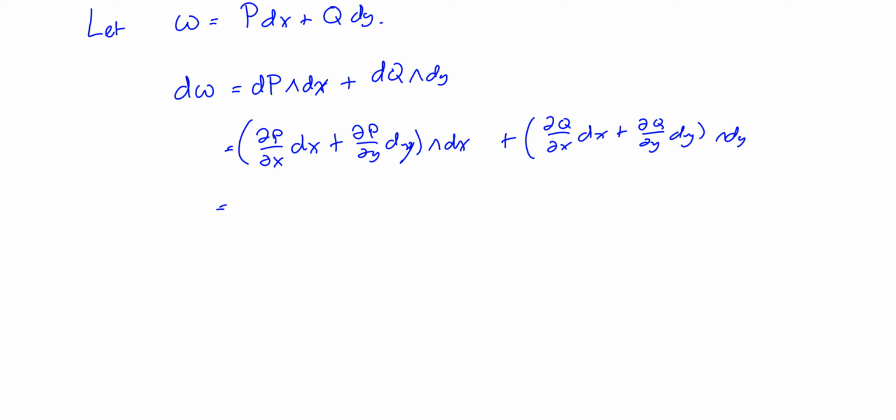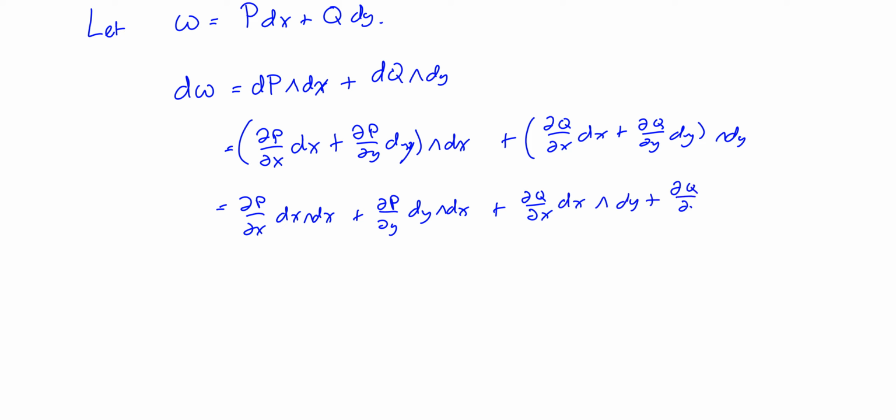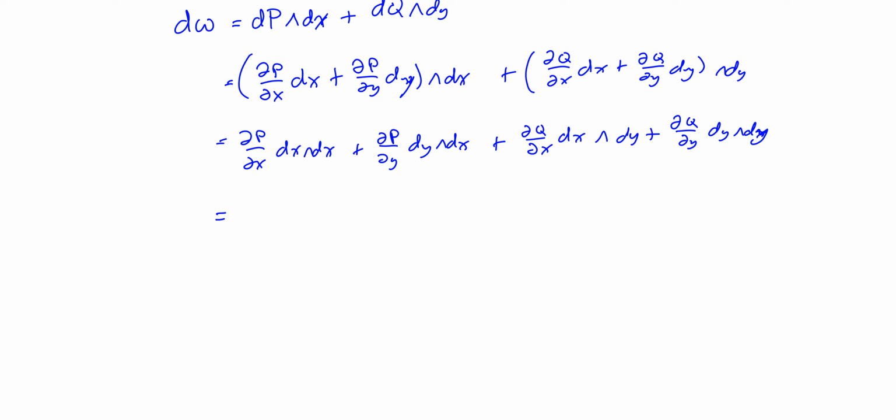And now if we distribute these through, I get partial P partial x dx wedge dx plus partial P partial y dy wedge dx plus partial Q partial x dx wedge dy plus partial Q partial y dy wedge dy. And notice the dx wedge dx and dy wedge dy are 0, so those go away. So I get partial P partial y dy wedge dx plus partial Q partial x dx wedge dy.